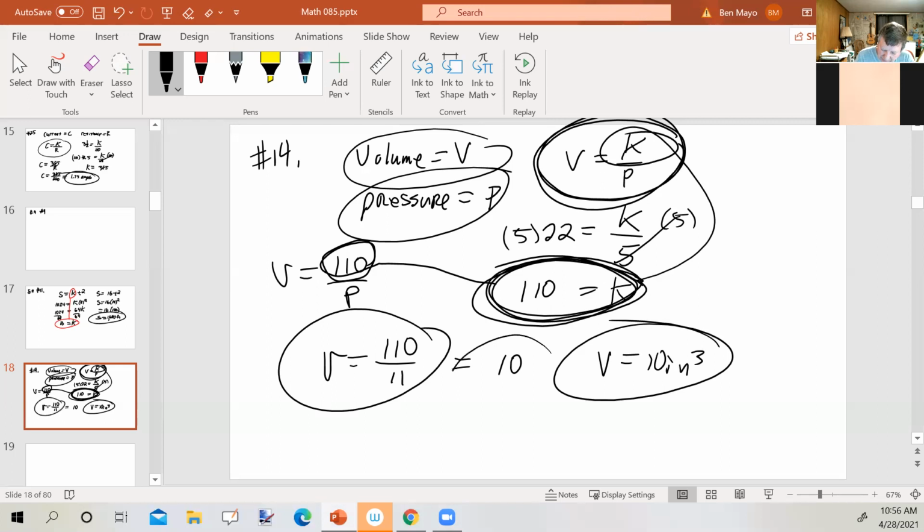And that led to our final answer. So you've got to read the problem, determine what kind of variation it's using, direct, inverse, or joint, or a combination of them. Identify your variables, create the formula, plug in the given information to find K, go back, replace K with that number, and then the follow-up question.